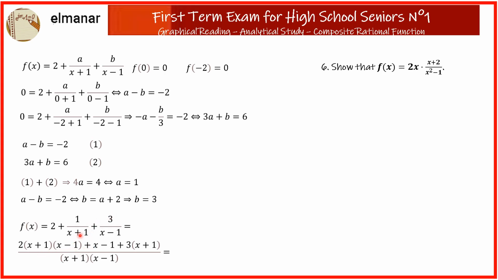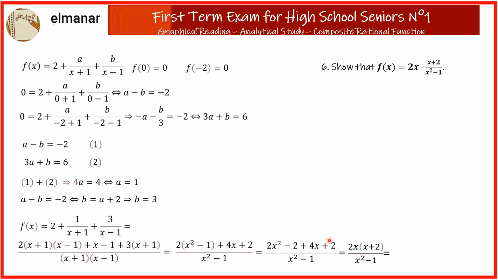For example, multiplying x increased by 1 and x decreased by 1 gives a result equal to x squared decreased by 1. After expanding and simplifying each component, we arrive at the following structure. The numerator becomes twice x squared plus 4 times x. The denominator becomes x squared decreased by 1.